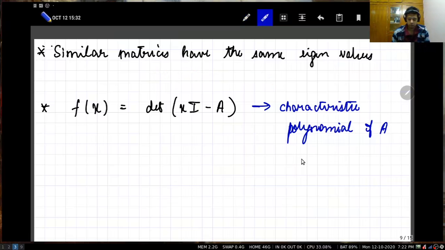Right, so let's suppose that B is equal to P inverse AP, right?